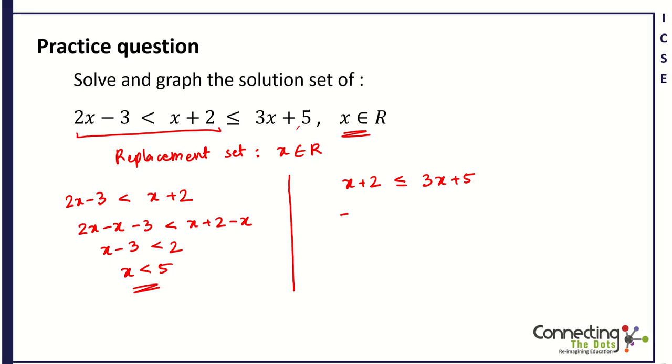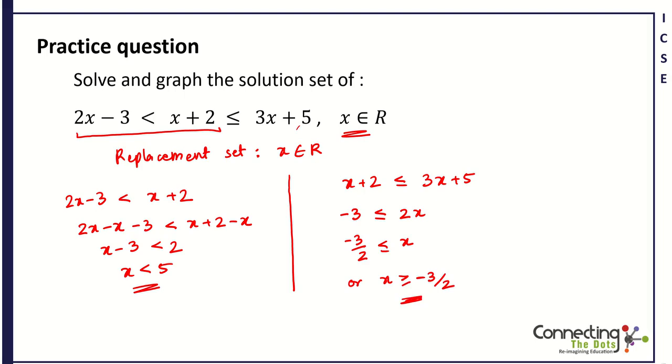You get negative 3 is less than or equal to 2x. Divide both sides by positive 2. You get negative 3 by 2 is less than or equal to x. Or this can be rewritten as x is greater than or equal to negative 3 by 2. This is our second condition.